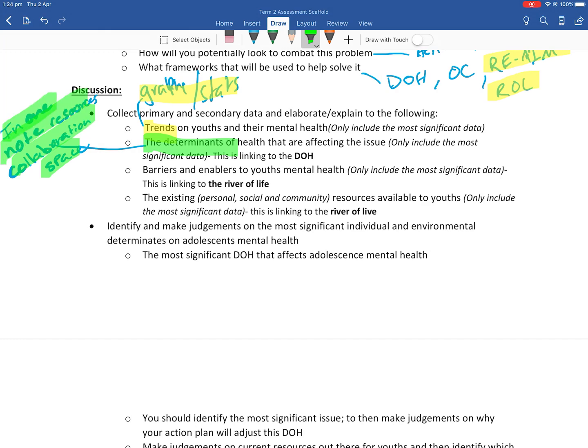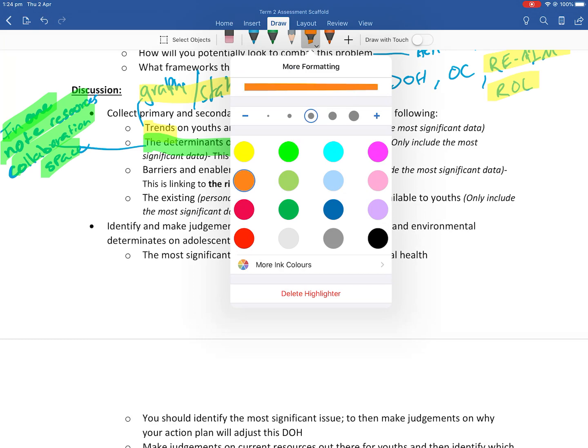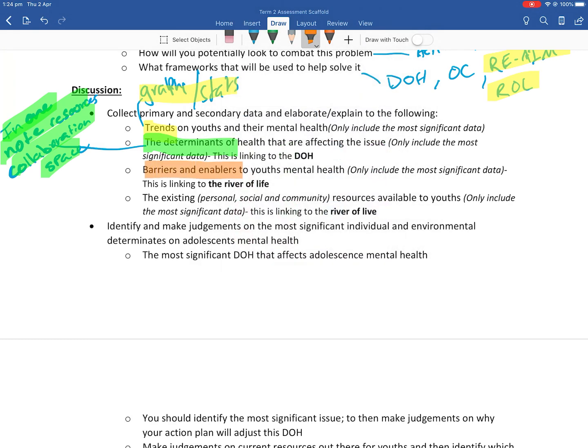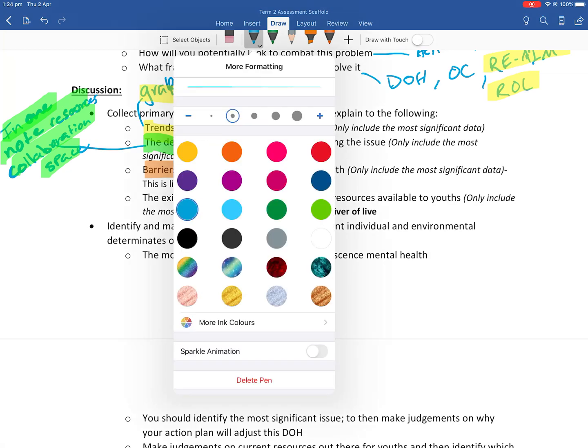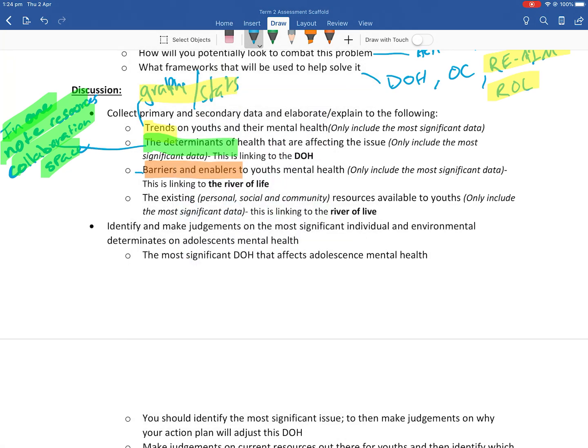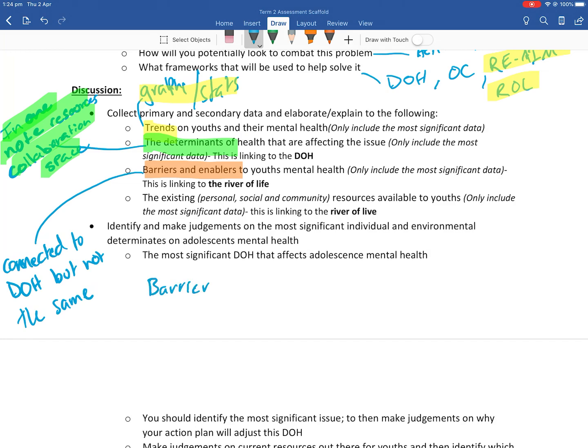Another thing to reiterate is that our barriers and our enablers are connected to our determinants of health, but are not the same thing. What I mean by this is that a barrier to obesity may be that at our school we don't have compulsory PE.